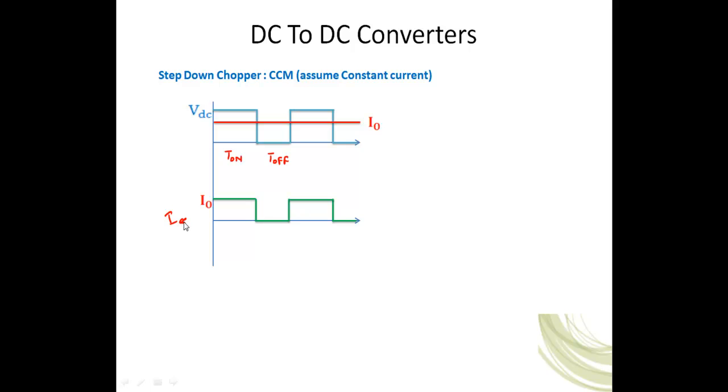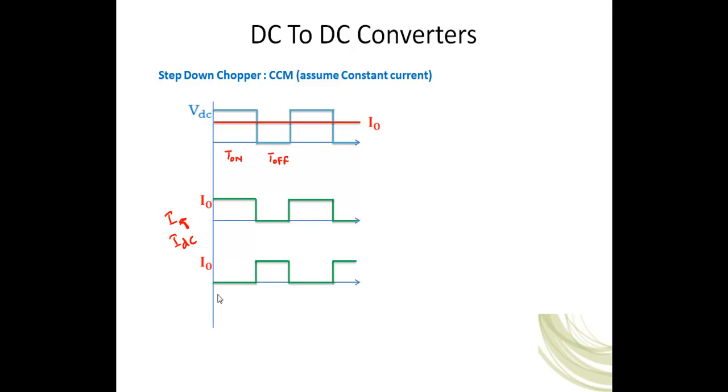You can take this one as IT or IDC. That means the source is also the same, because when the thyristor is in conduction, load current, source current, thyristor current are all the same. Whenever the thyristor is in conduction, whatever current is drawn by the load is coming from the source. That's why source current and thyristor current will be the same.